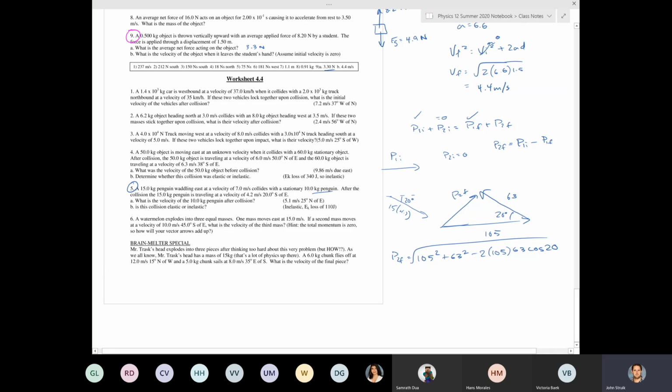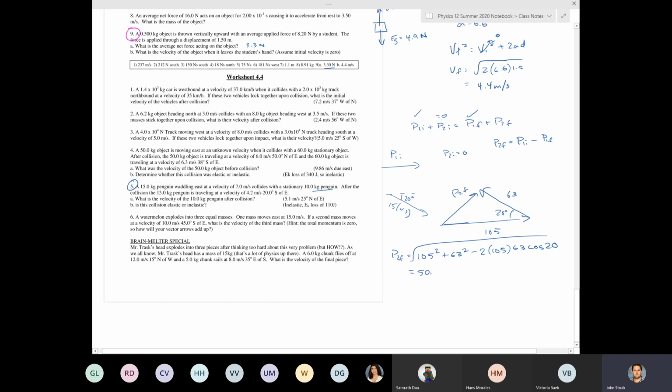Take the square root, and we get 50.6. So that's the momentum.